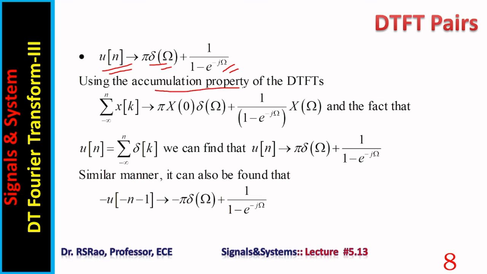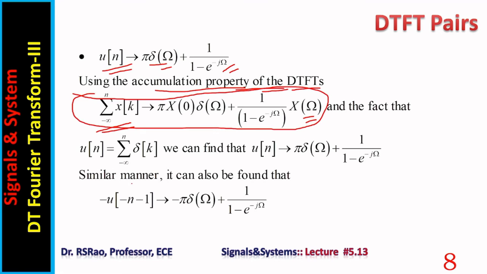Using the accumulation property of DTFT, DTFT of sigma minus infinity to n x of k is equal to pi x of 0 delta of omega plus 1 by 1 minus e power minus j omega x of omega. And this is accumulation property.